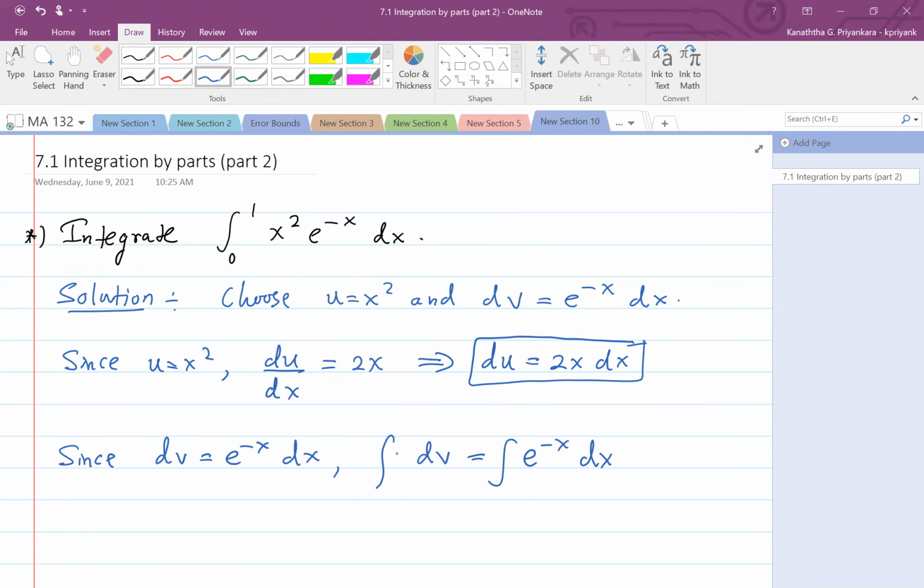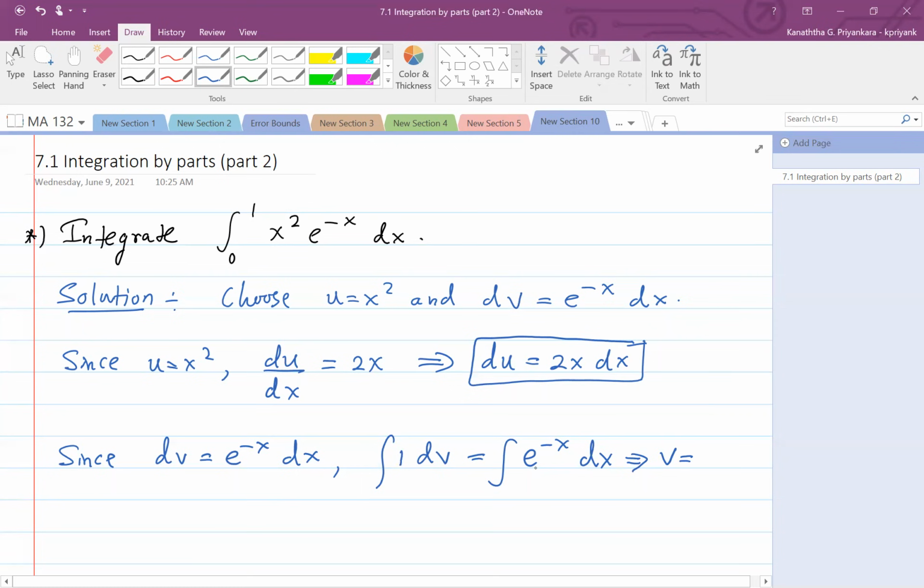If you integrate 1 with respect to v, you get v. Now we need to compute the integral of e to the power negative x. If you cannot do this directly, you can use the substitution u equals negative x and then compute the integral.